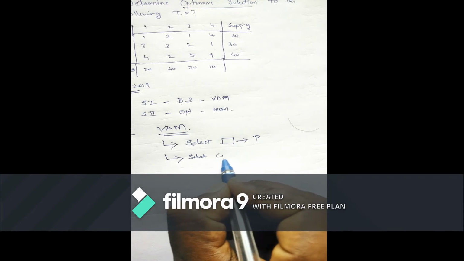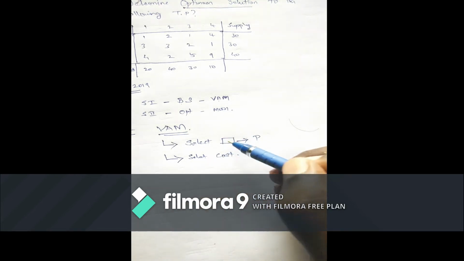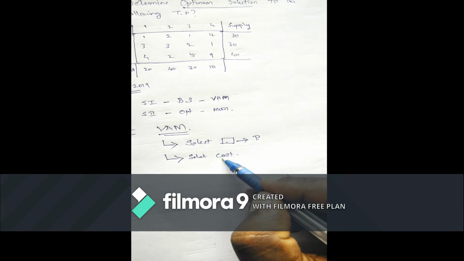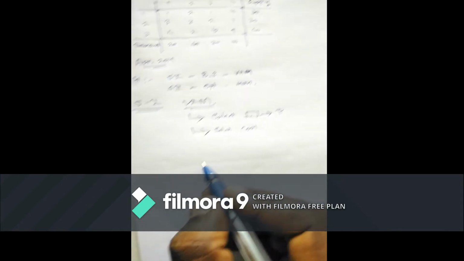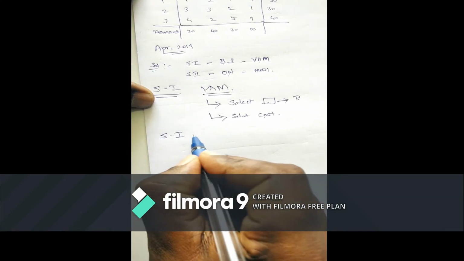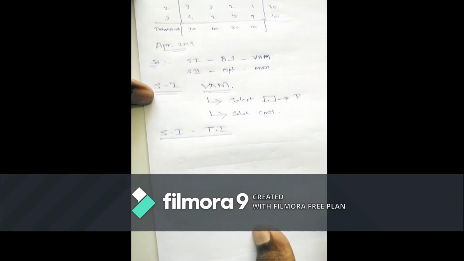For selecting a particular cell, the penalty value is used. After that, find the minimum cost value. So step number 1, that is table number 1.